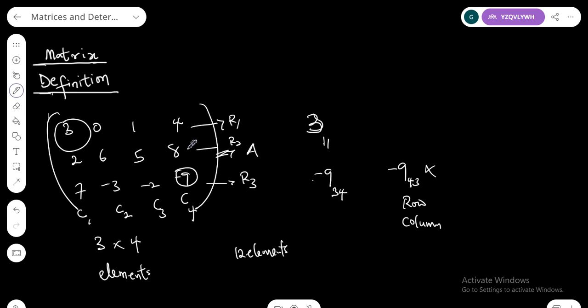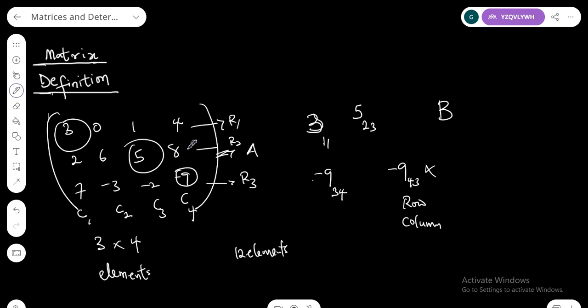It's always the row first, the column second. So if you look at element 5, for example, it's in the second row and the third column. So you write 5 with subscript 2, 3, with 2 indicating the row and 3 indicating the column.